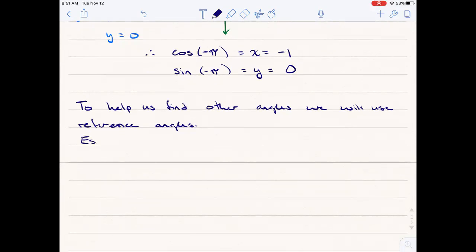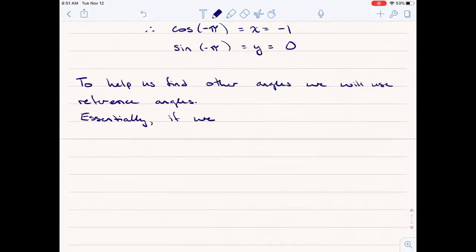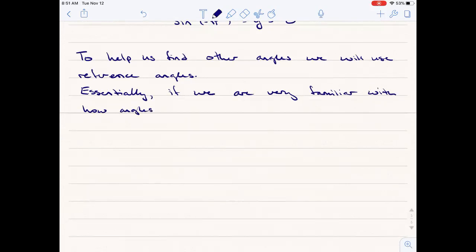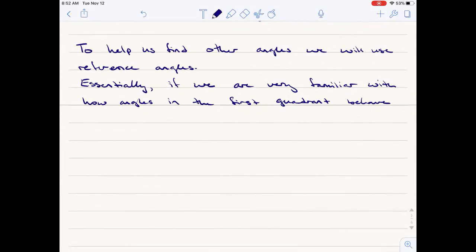And like I said, essentially, if we are very familiar with how angles in the first quadrant behave, we can apply that behavior to other quadrants.